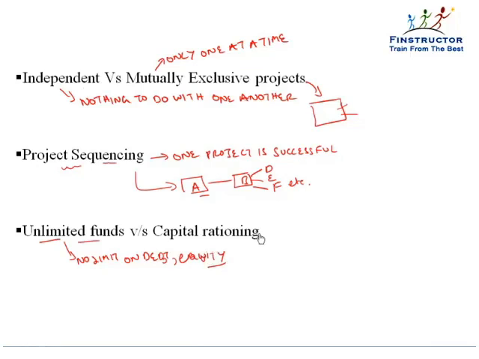Capital rationing, on the other hand, works with limited funds. So there is a limit on the amount of debt and equity that we can raise, and we pick the best projects to maximize the value utilizing these limited funds.